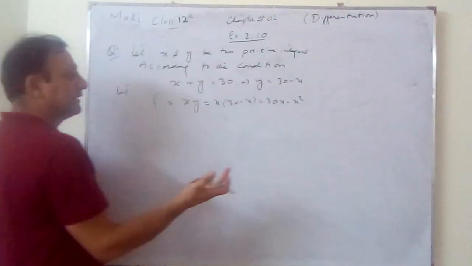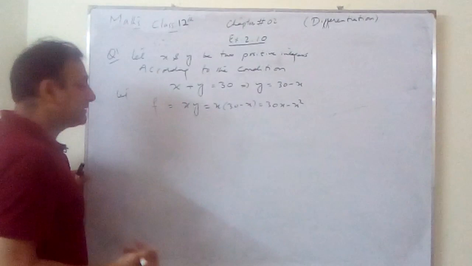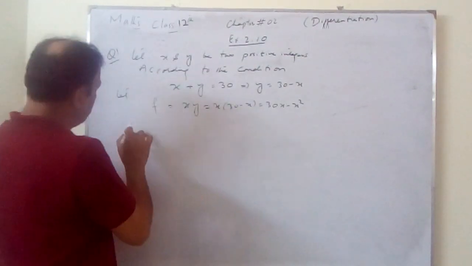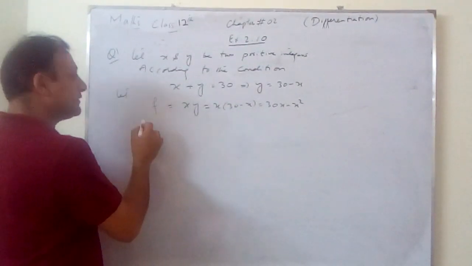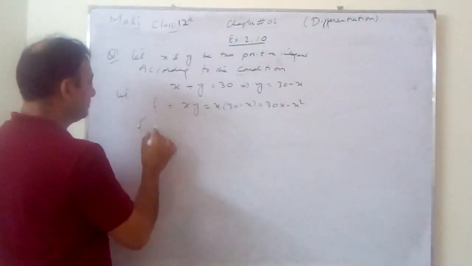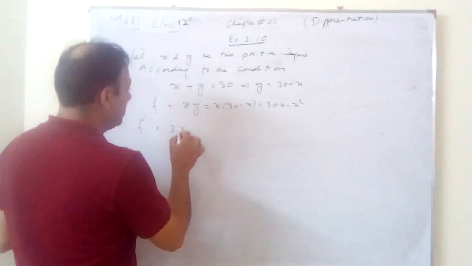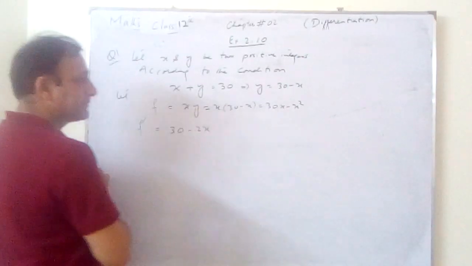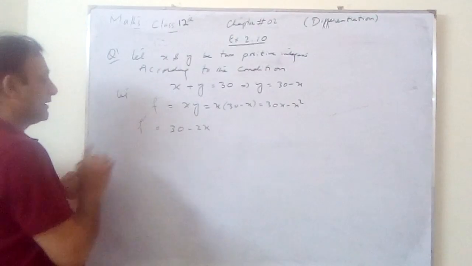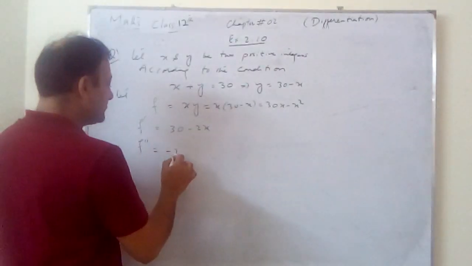We have to check whether it is maximum or minimum, and we have to find the maximum value. So differentiate with respect to x. The first derivative is 30 minus 2x, and the second derivative is minus 2.